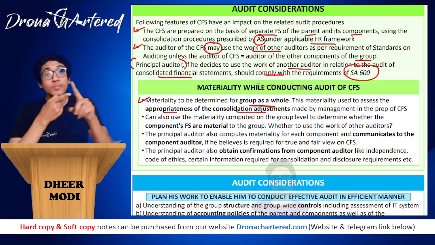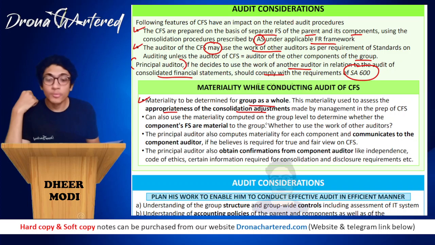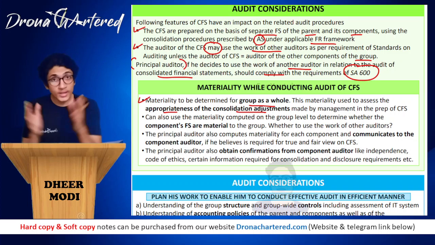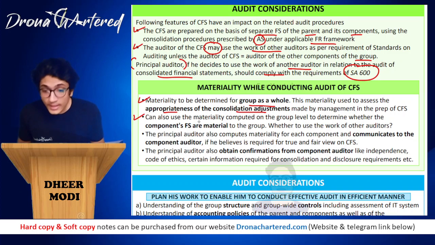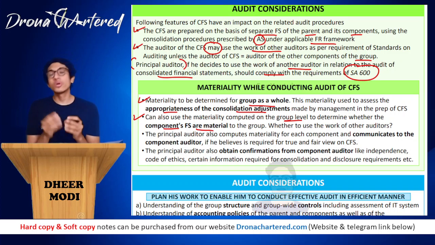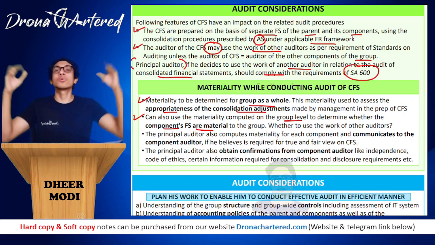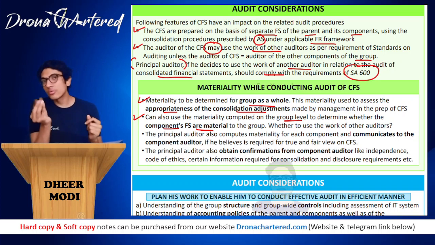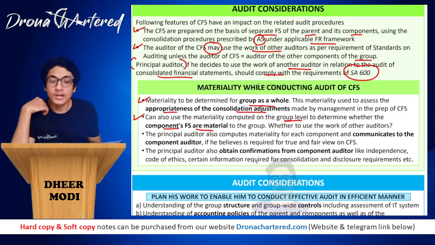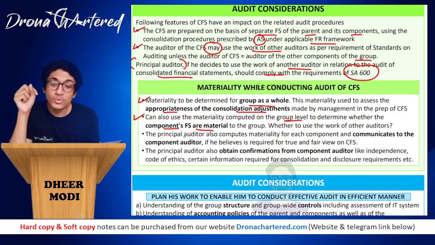Next, you can also use materiality computed at group level to determine whether the component financial statements are material or not to the group. Now, what if your component is so small and your entire group is this big? Then this small financial statement may not even be material. So you can use this materiality to check whether the component financial statements are material and whether to use work of other auditor or you can skip it.